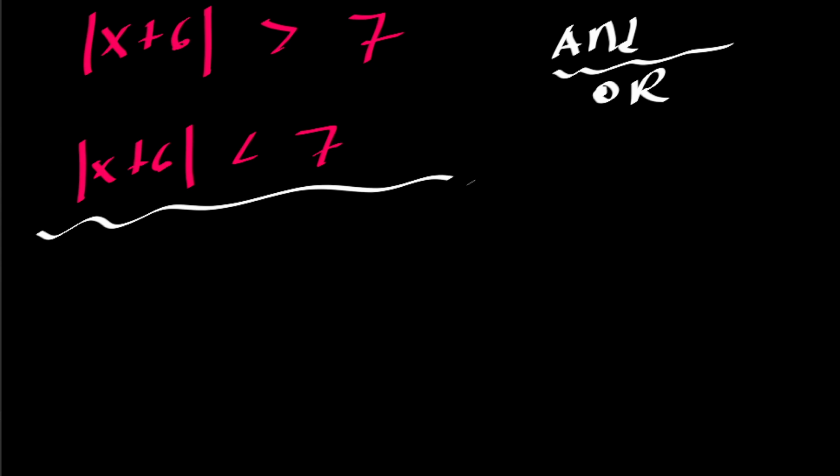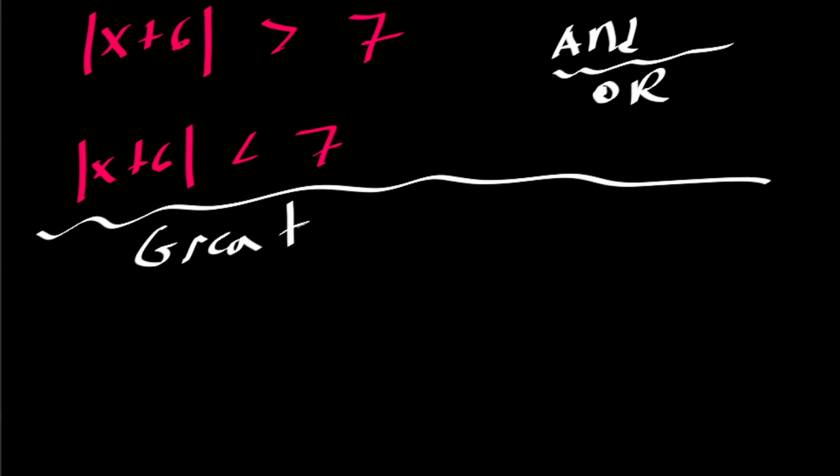If you're trying to find a good way to remember greater than, here's how I do it, and I've seen this in a lot of different places. You say "greater," but instead of saying "great-er," you emphasize the "or." So greater means that it's an or inequality.